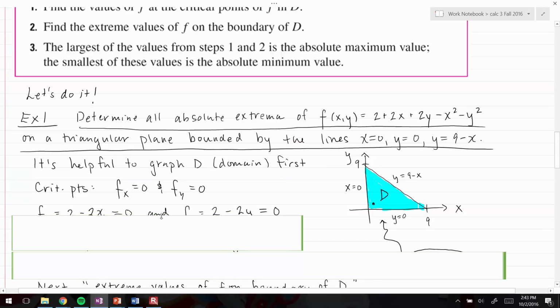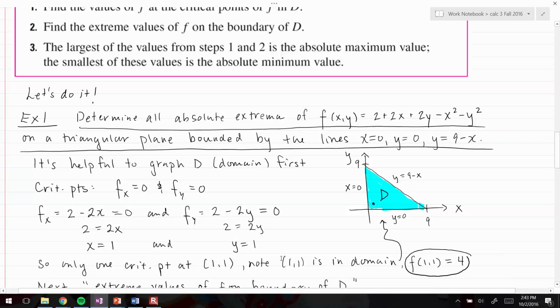Finding those partials is pretty simple, and each of them can be solved for a value. The "and" goes between these because they have to occur concurrently. So x equals 1 and y equals 1 at the same time means the point (1,1). It turns out in this case there's only one critical point.